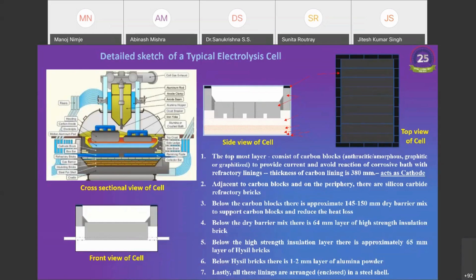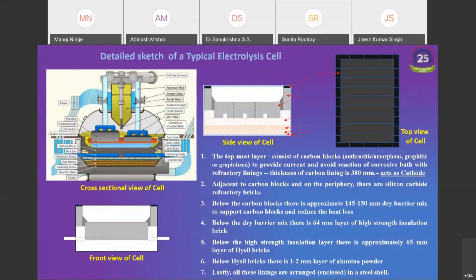Now let's go deeper into the structure of the electrolytic cell. The slide is showing the various views of the electrolytic cell, such as cross-sectional view, front view, side view, and the top view.